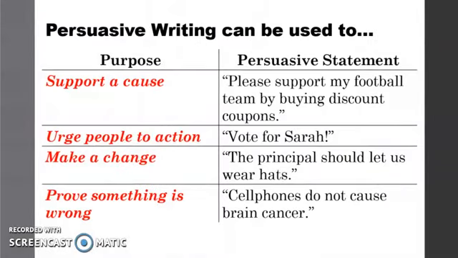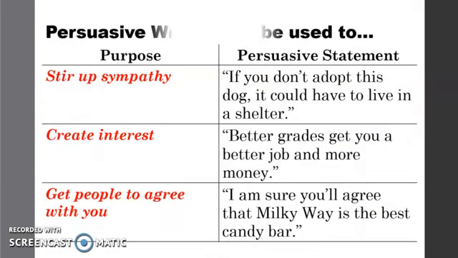And there are so many ways that persuasive writing can be used: to support a cause, to urge people to action, make a change, prove that something is wrong, stir up sympathy, create interest, and get people to agree with you. So that's a little bit of background about persuasive writing.